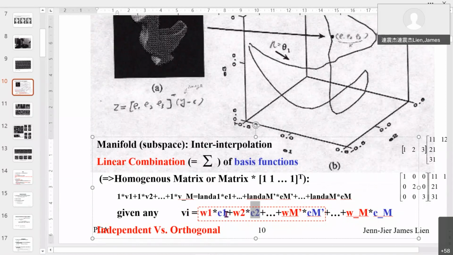Higher compression rate means you take just a few weights.